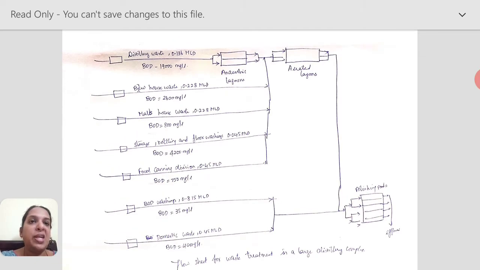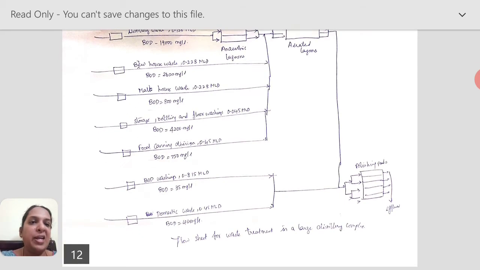You could see that distillery waste has a BOD of 19,000 milligram per liter, while the brew house waste is only 2,800 and the malt house waste is 800. Storage, bottling and floor washing is also high, at 4,200 milligram per liter. The other wastes have much less: BOD washings have 35, and domestic waste has 400 milligram per liter.